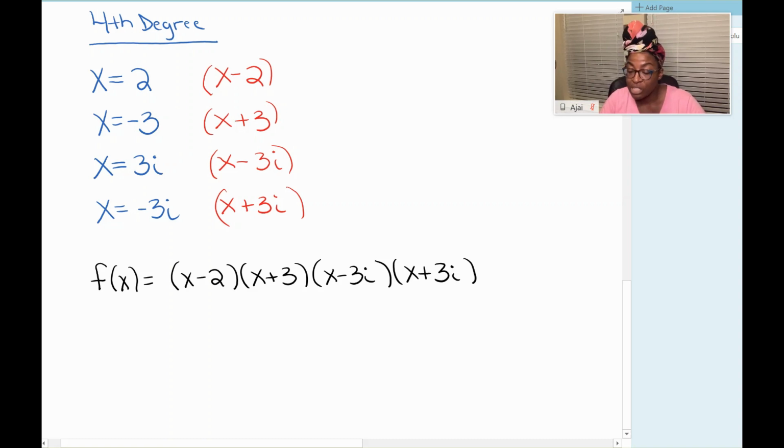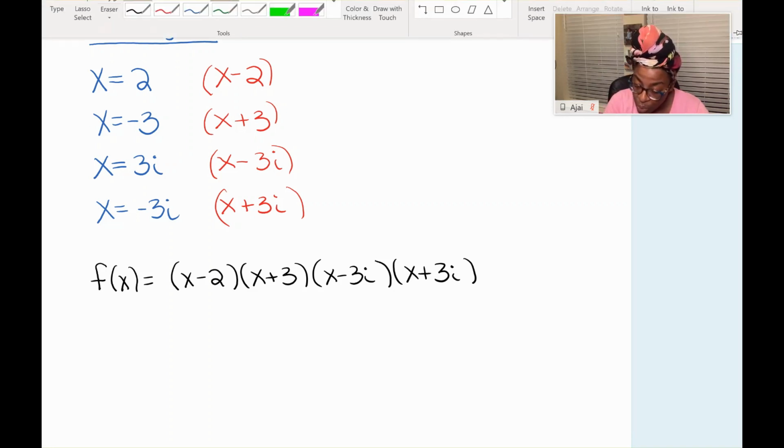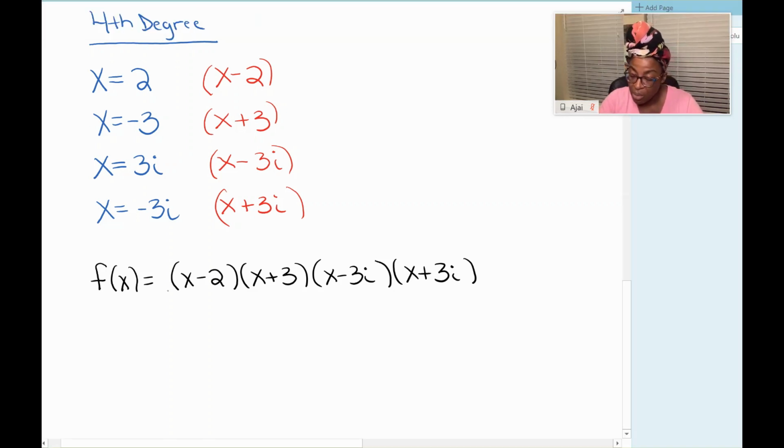It's very important that you keep those together, because in order to get rid of all these parentheses, what I'm going to do first, let me change color, is multiply the two numbers that don't have an i. I'm going to multiply those together first. And then after I multiply those two together, I'm going to multiply the two that have an i.